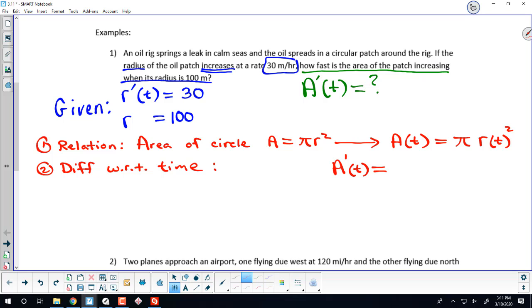Implicit differentiation. This is an unknown function that's being squared. Power rule, the 2 comes out front to multiply the constant. We leave the inside function alone, and then we multiply by the derivative of the inside function. If it were a squared in our formula, the derivative would be the same. It's 2a prime.